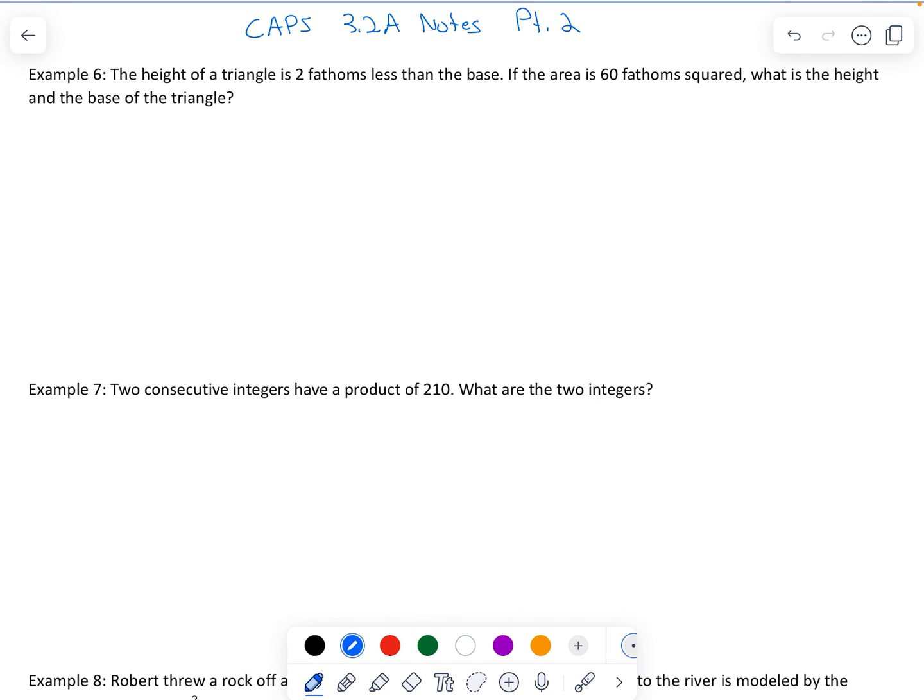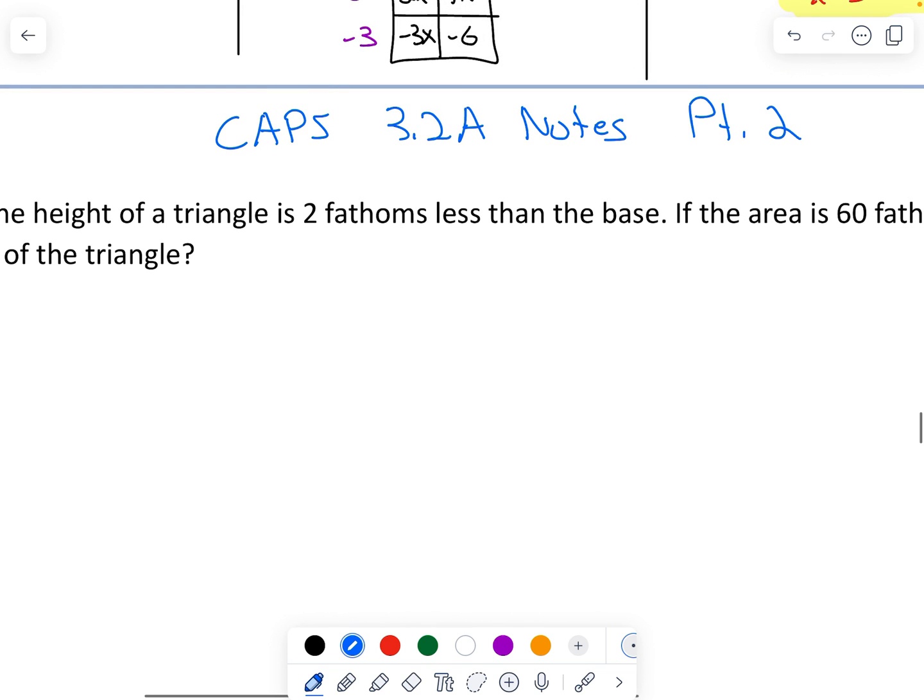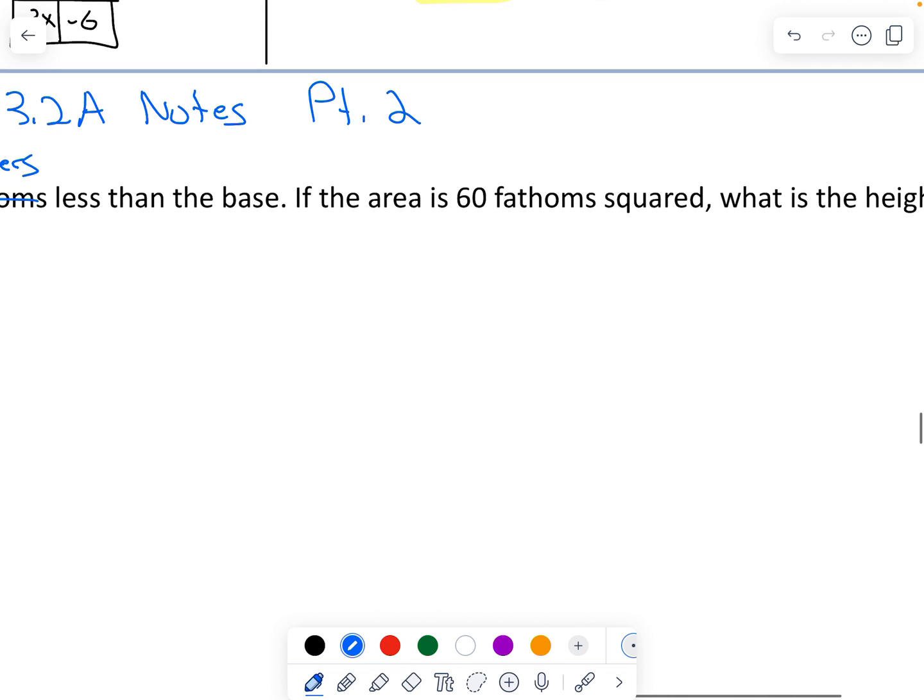All right, so I don't know why we have fathoms here. 1 fathom is equal to 2 meters. So we're going to just say that this is 4 meters, and then we're going to say that this is 120 meters squared.